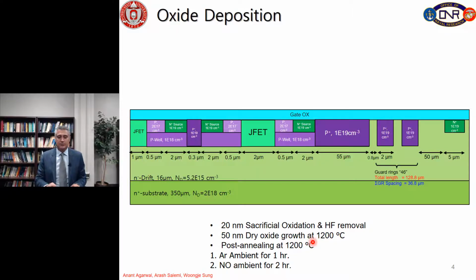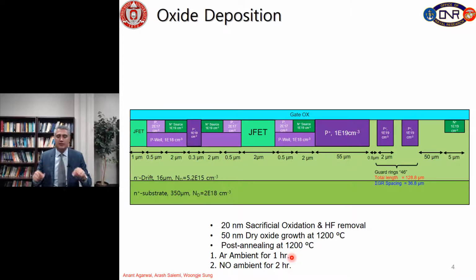After the oxide deposition, we have post-annealing at 1200 degrees C, first in argon ambient for 1 hour, and then NO ambient for 2 hours. This passivation step is very, very important and critical for these devices in order to achieve a higher channel mobility.